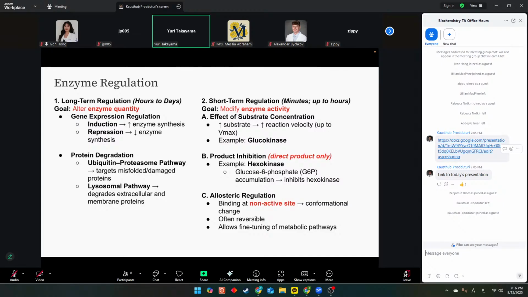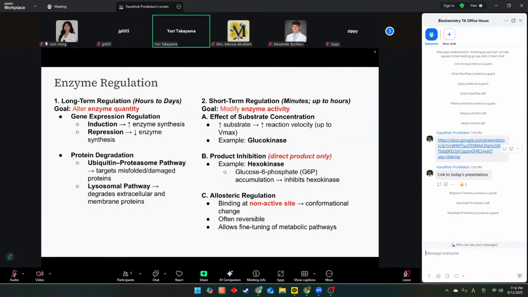Next, short-term regulation. It modifies enzyme activity without changing the number of enzymes. It happens through three ways. First, substrate concentration. Reaction velocity increases as substrate level rises, up to the enzyme's maximum velocity.